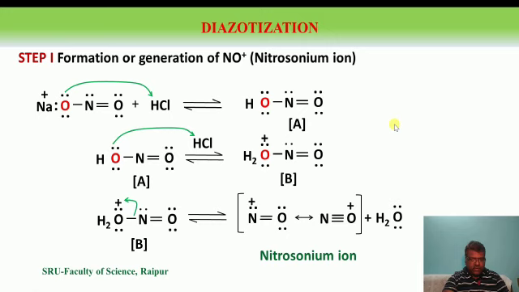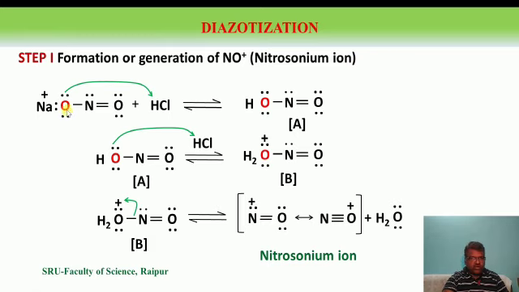Now, mechanism of formation of diazonium salt, it consists of 5 steps. First step, formation or generation of nitrosonium ion.